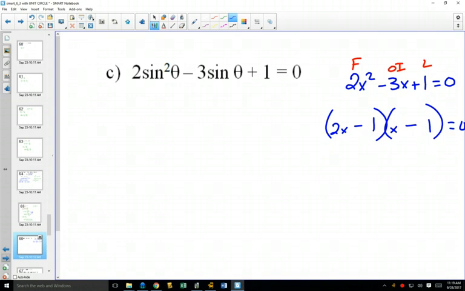And we factored it. But one last thing that you'll always do when you factor is you're going to do a quick check. Are my first ones still 2x squared? Now that I've added my signs, are my last ones multiplied together to give me a positive 1? Yes. And does my outside and my inside combine to give me negative 3x? Yes.